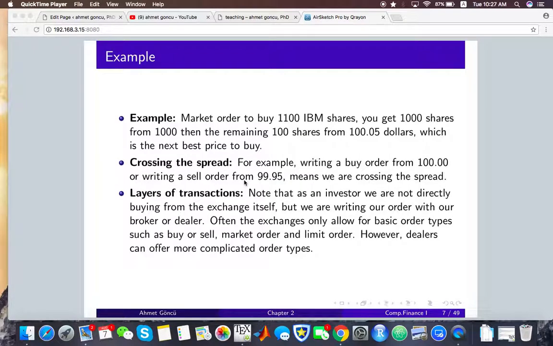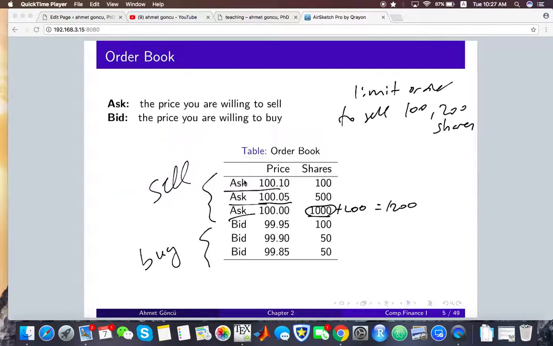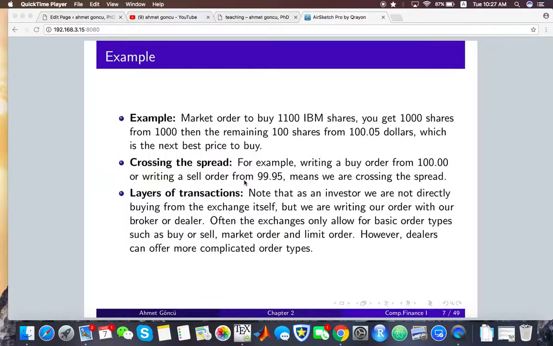You can see an example: a market order to buy 1,100 IBM shares. You get 1,000 shares from the available quotation of 1,000, then the remaining 100 shares should be bought from the next level, which is 105.